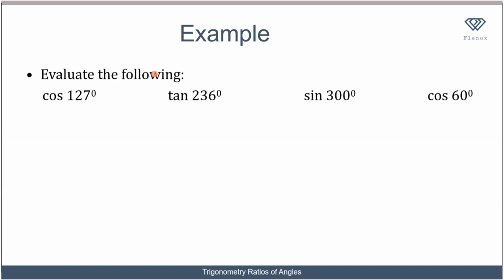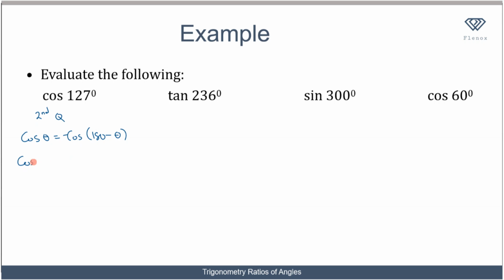So you are told to evaluate the following, and in the first one we are told to find the value of cos 127. Now as you can see, 127 lies in the second quadrant because 127 lies between 90 and 180. So the relationship for the second quadrant is given as what? As cos theta is equal to minus cos (180 minus theta).